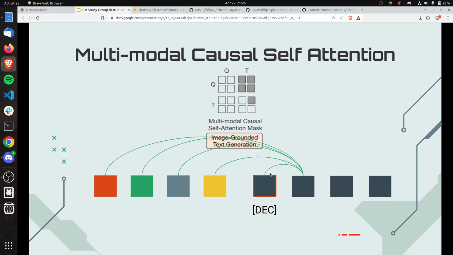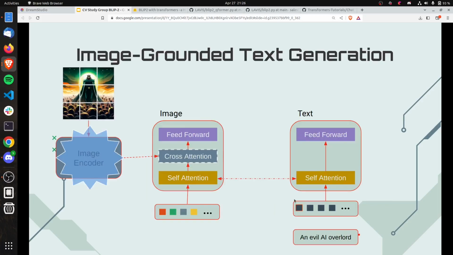That's because they want to generate text in this task. So what they're really aiming to do is to capture the image, right? So that's why they condition it in a way that the text tokens can see what came before but not what came after. So they're not doing it bidirectionally, but causal.